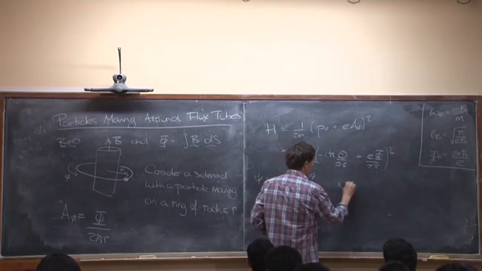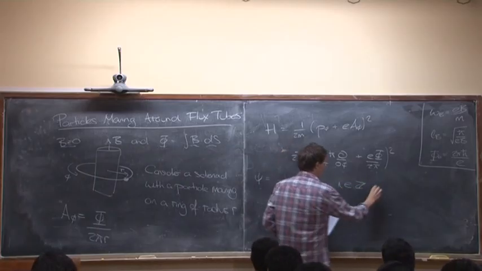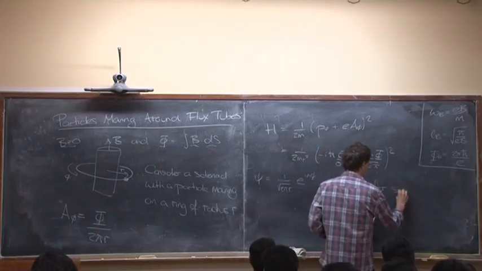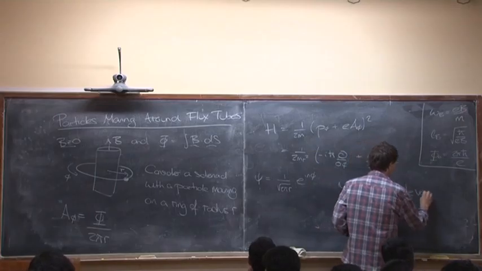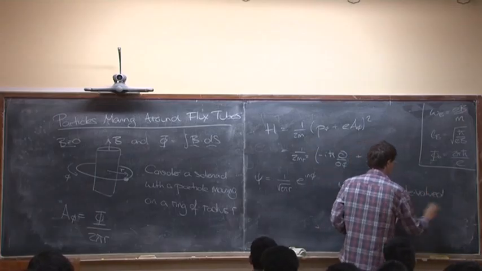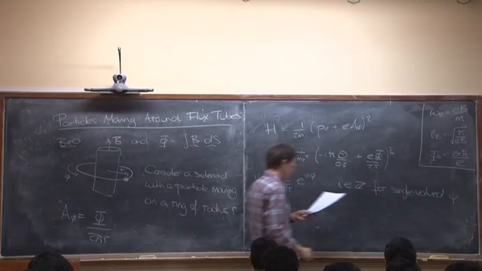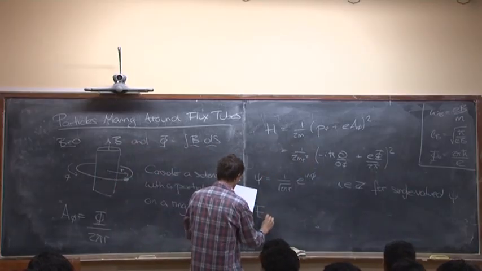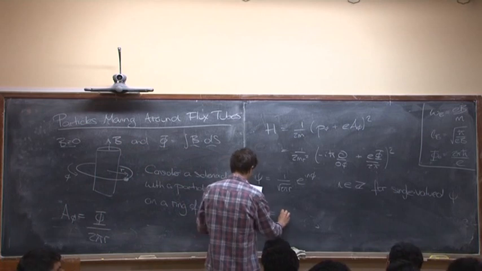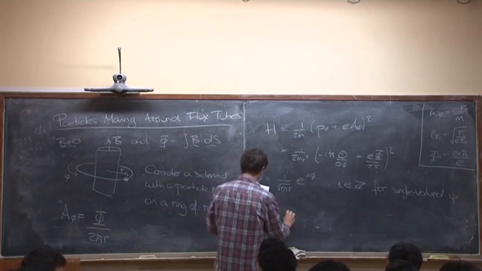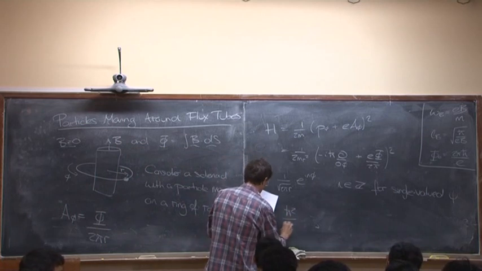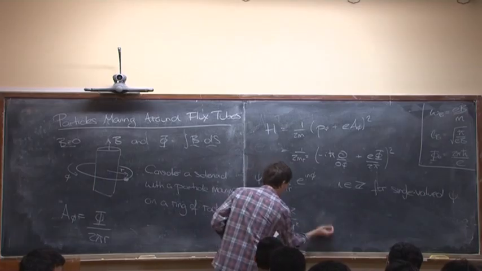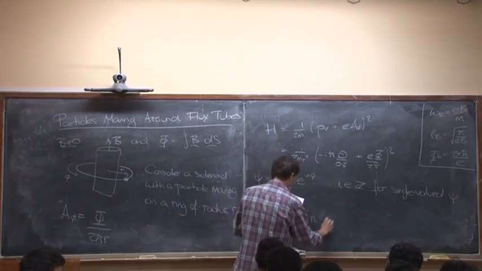And if we want these to be single valued, then n should be valued in Z. And if I plug this in, it's easy to get the energy. We have a tiny bit of algebra.